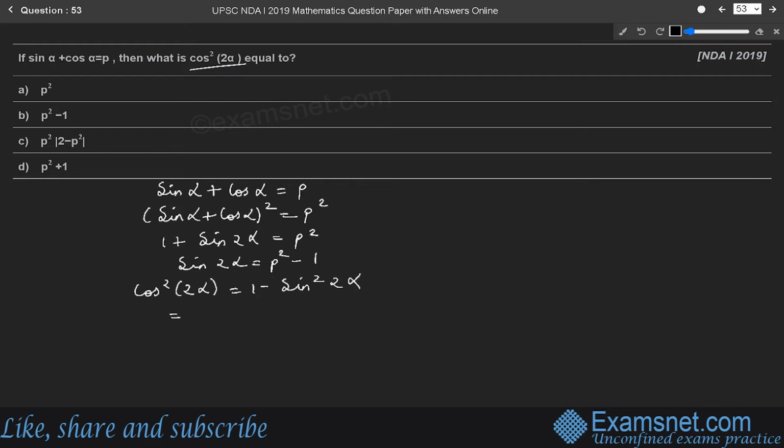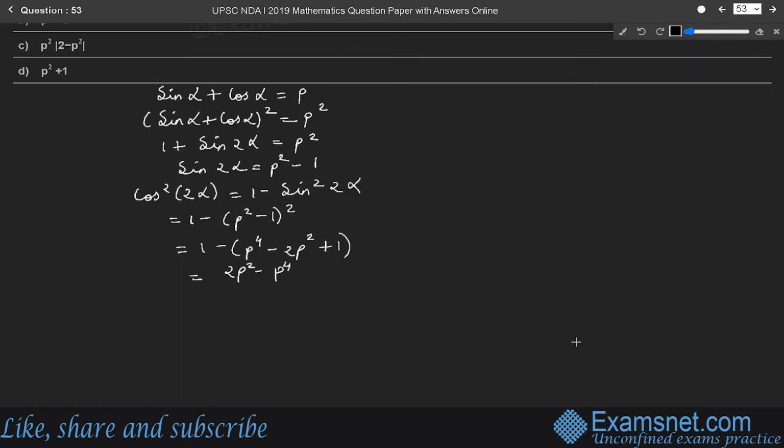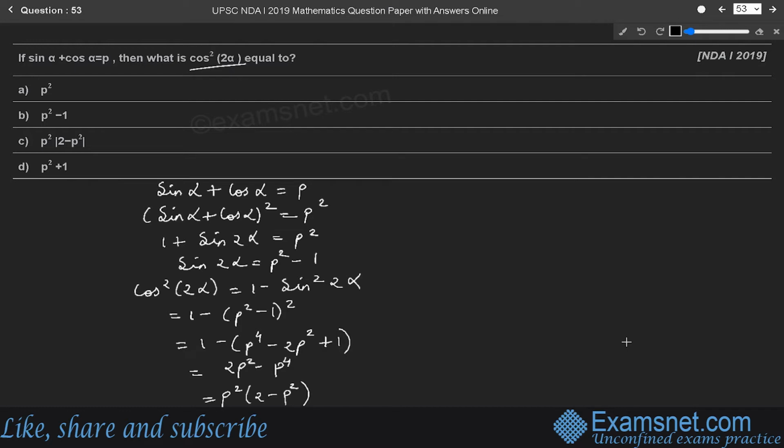Therefore, the step will be 1 − (p² − 1)², which gives 1 − p⁴ + 2p² − 1, which is equal to 2p² − p⁴, which can also be written, taking p² common, as p²(2 − p²). So this is the correct value of cos² 2α. Therefore, the correct option for this question is option number C.